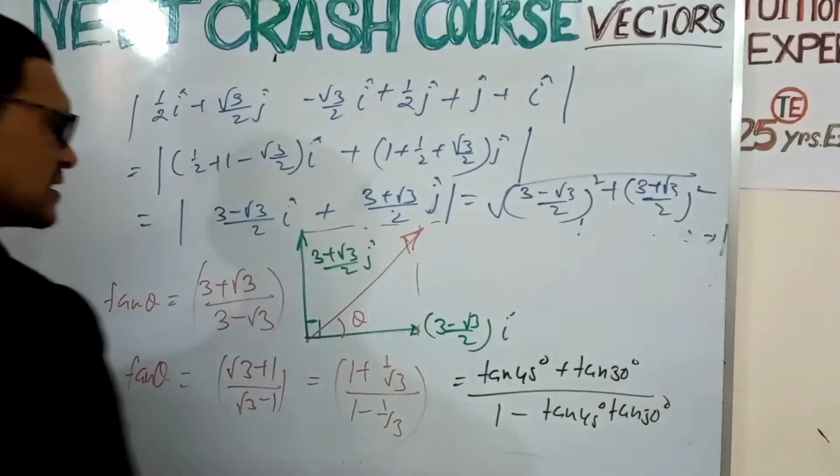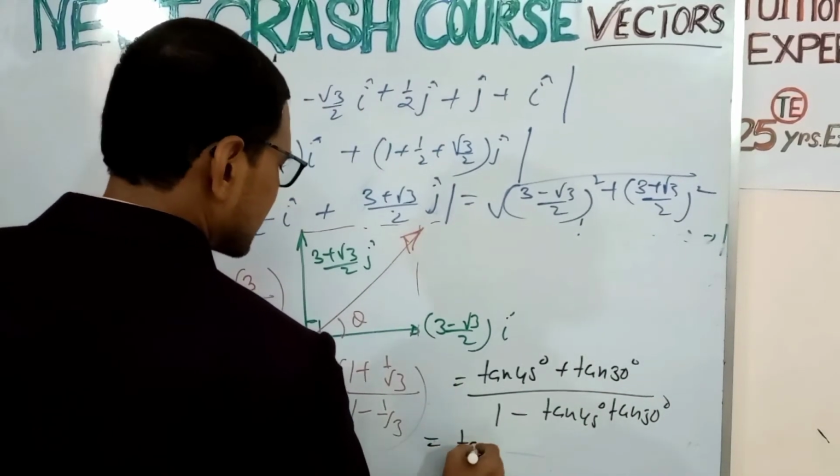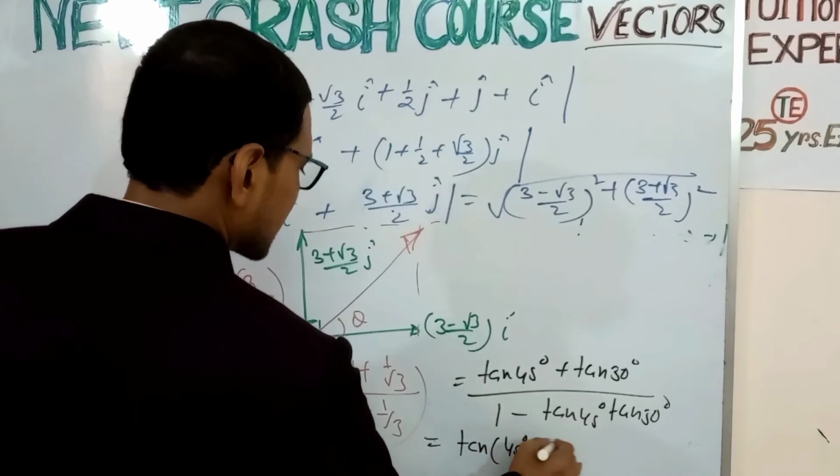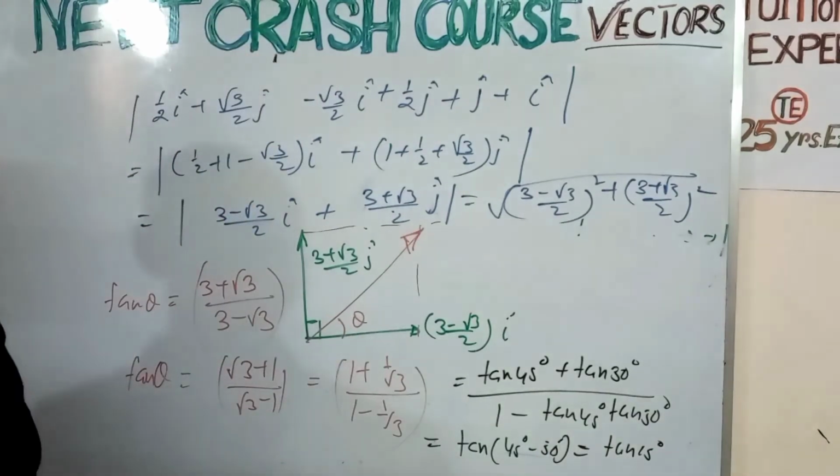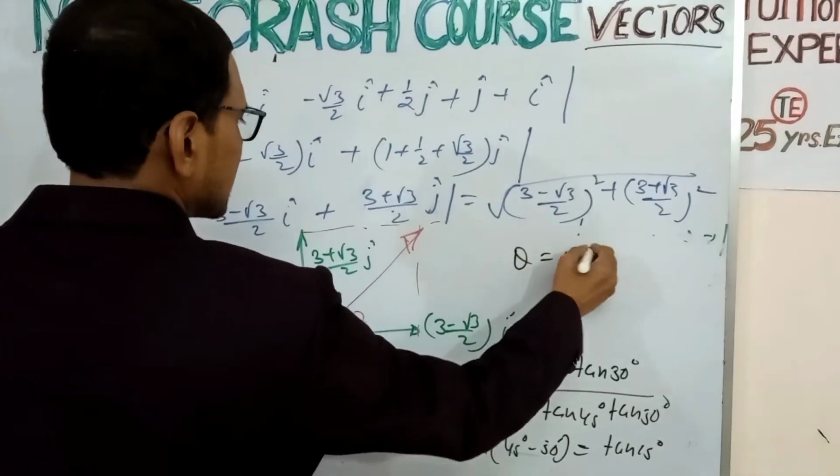So this is the tan a plus b formula, tan of 45 minus 30 degree, so tan 15 degree. So that is theta equal to 15 degree.